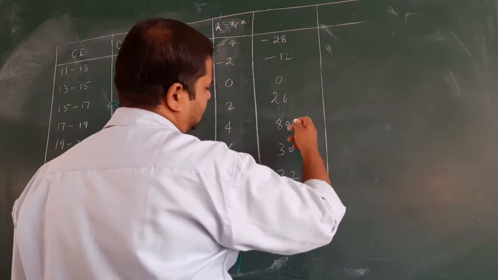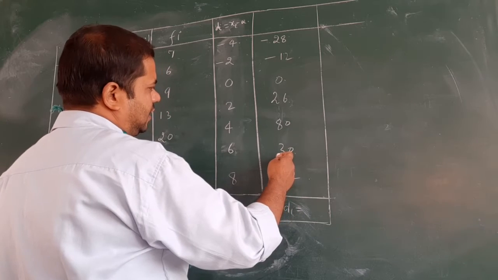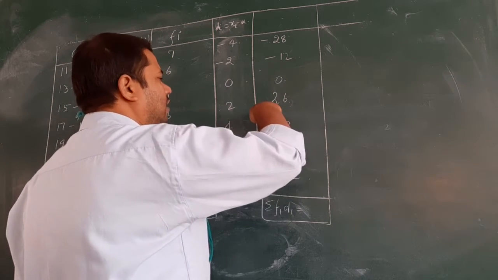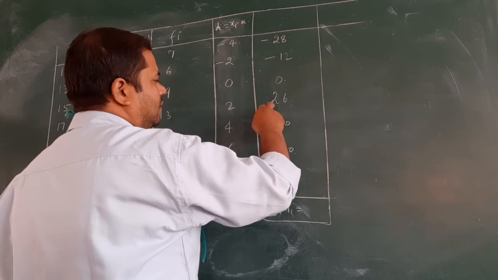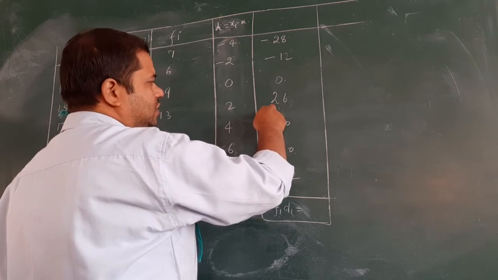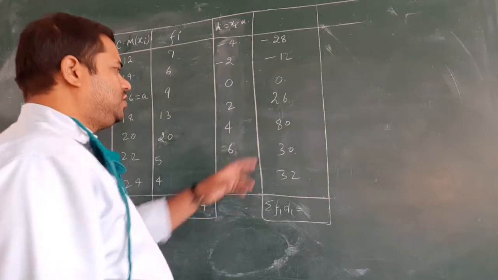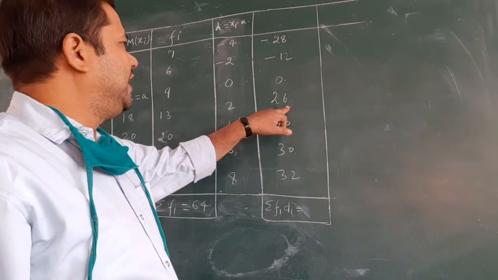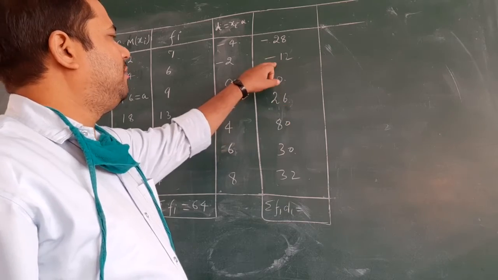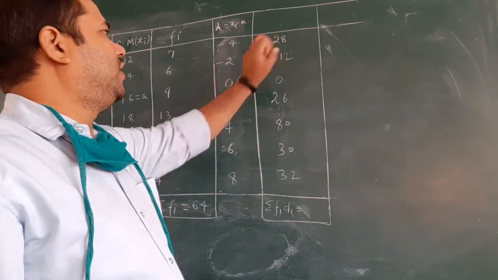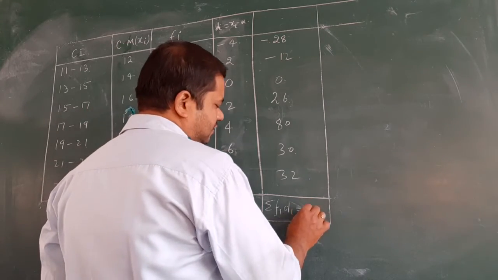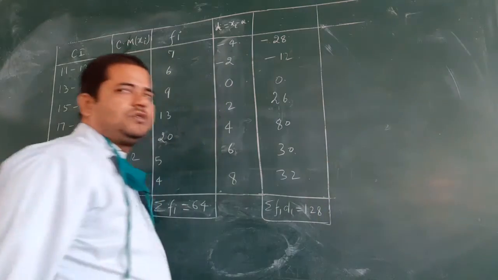Sum it: 110 and 142, 142 and this is 162, 168, and minus 40. So 128. Yes, sir, 120.